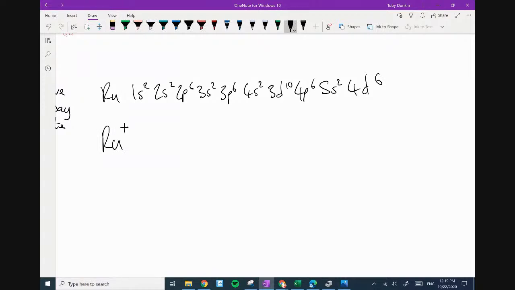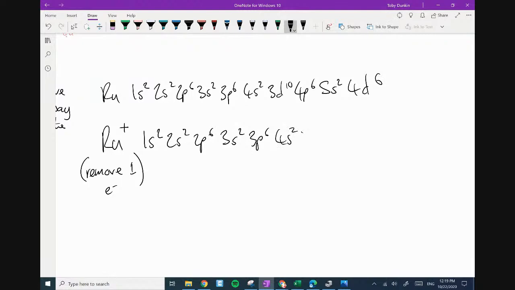Ruthenium +1. I'm now going to remove one electron. Who do I remove it from? The last big number. 1s2, 2s2, 2p6, 3s2, 3p6, 4s2, 3d10, 4p6, 5s1, 4d6.